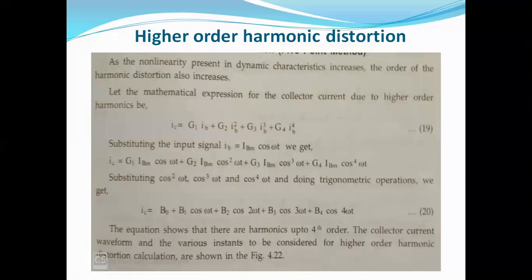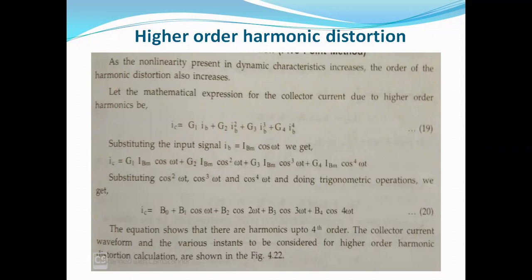And what is the mathematical expression of the output current? Here we are using the 5-point method to calculate the higher order harmonic distortion. So let us find out the distortion. First of all, what is the output current? In the previous session, we have already derived the collector current.